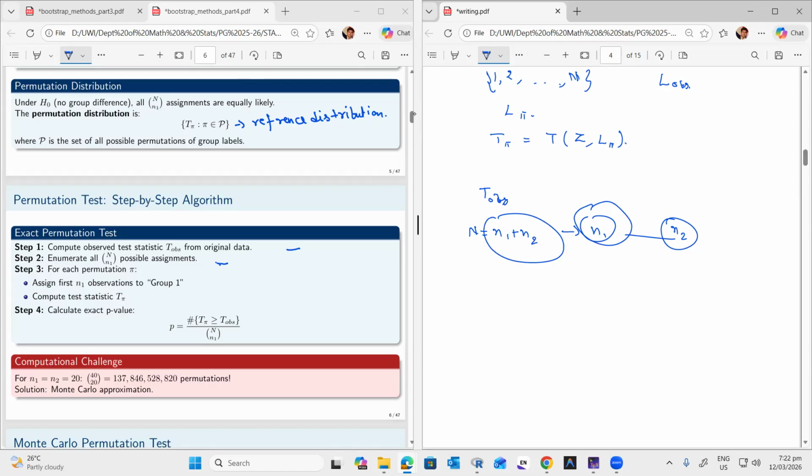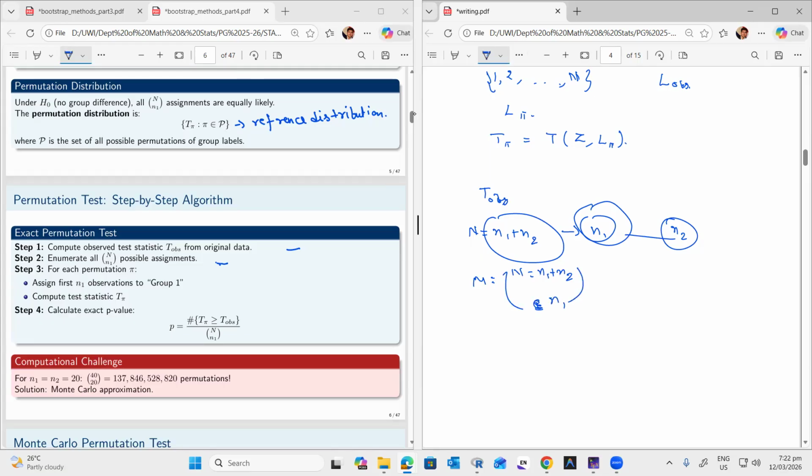Each such choice corresponds to a possible labeling. The total number is given by the binomial coefficient, that is M equals N choose N1, where N is N1 plus N2.